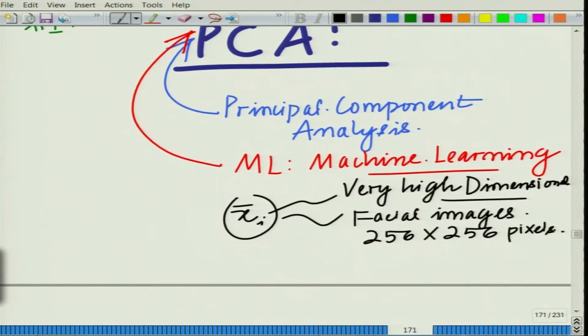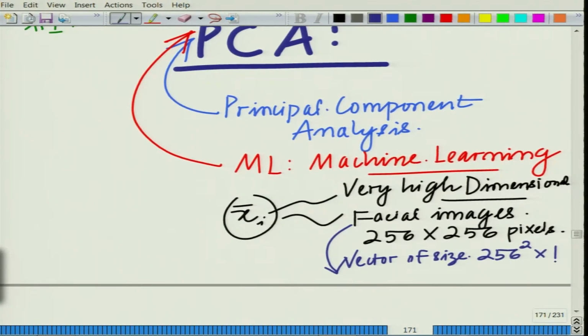If you make this a vector, then it will be a vector of size 256 square cross 1, right.